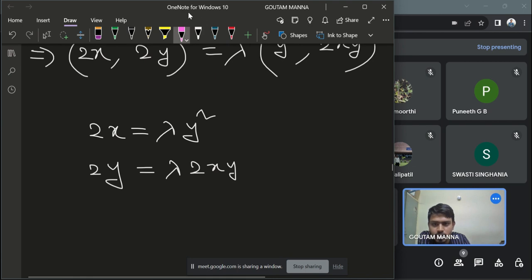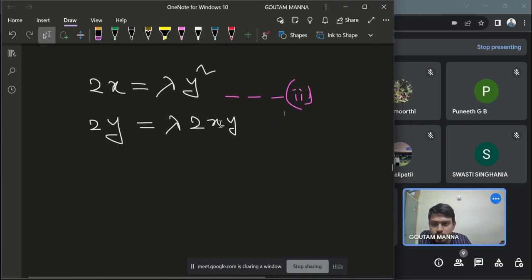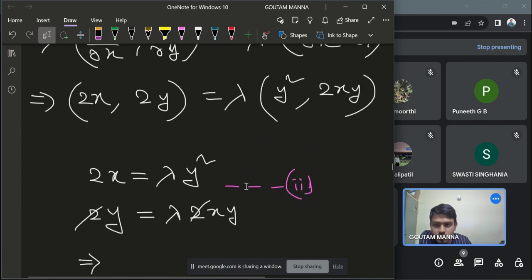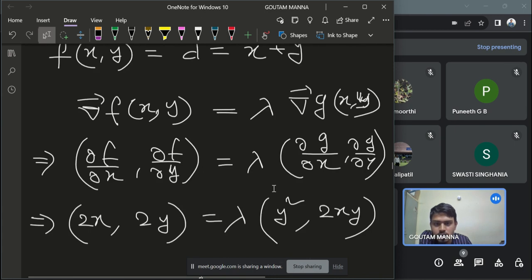Call it equation 2, and this equation we can further simplify. The 2 will cancel, and we can cancel y, but before that we have to make sure y is not equal to 0.